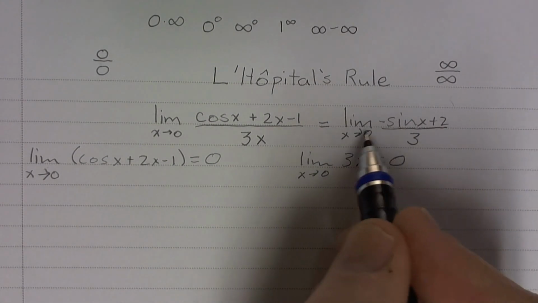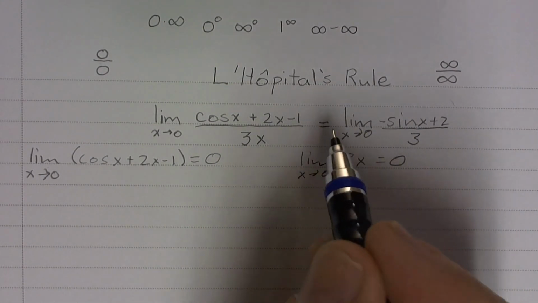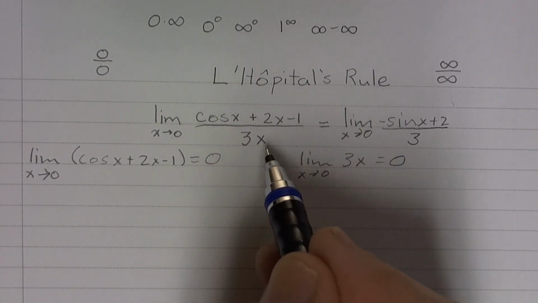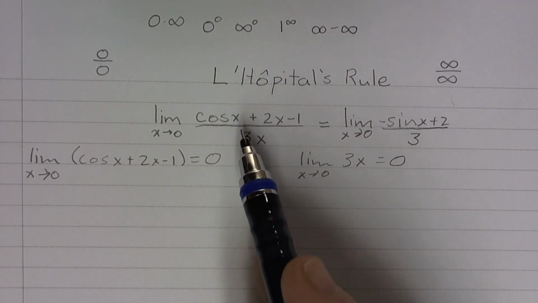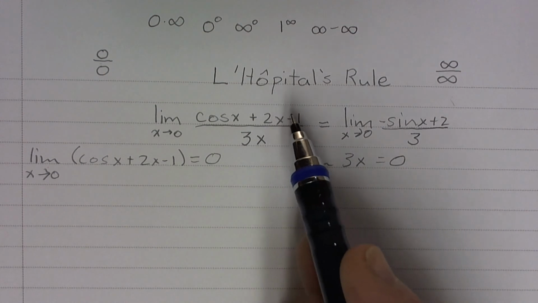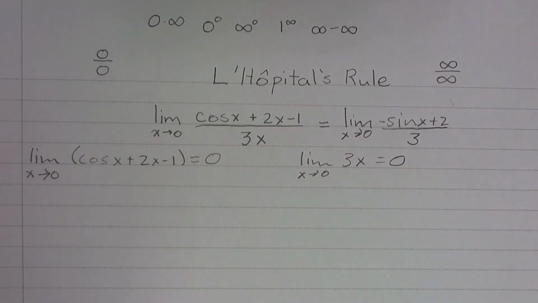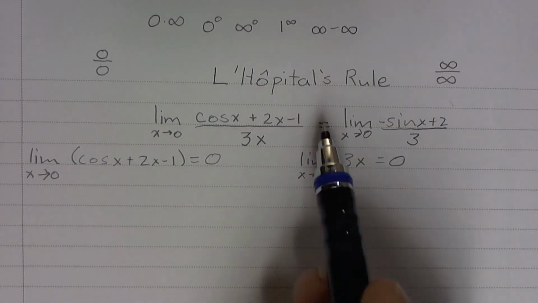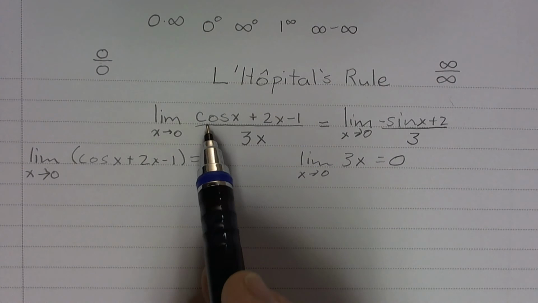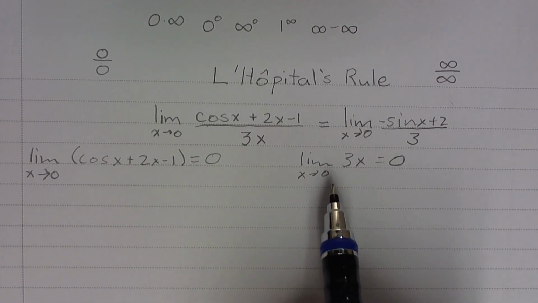Now, be careful here. We're not using the quotient rule. So I'm not taking the derivative of the top times the bottom minus the derivative of the bottom times the top over the bottom squared. No, it's the derivative of the top over the derivative of the bottom. So what L'Hopital's rule tells us is that this limit is equal to this one.